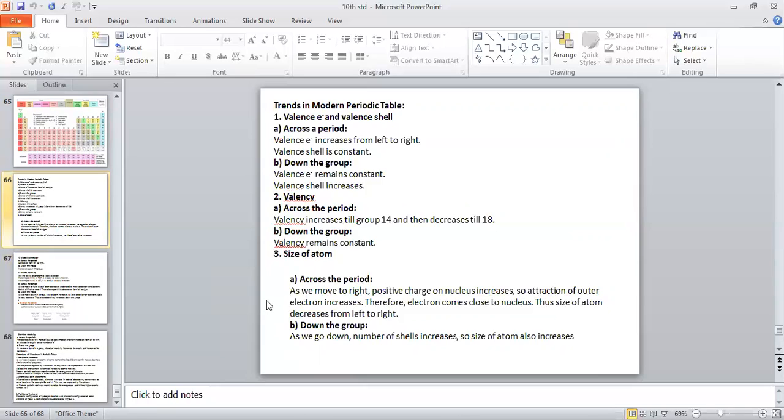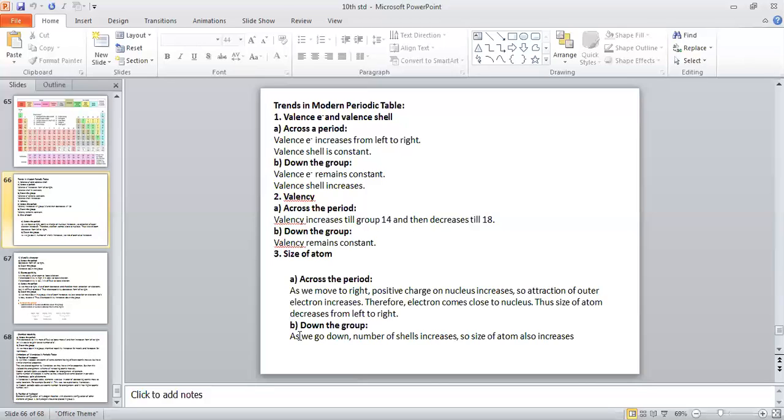As we move towards the right, that is left to right, the positive charge on the nucleus increases, the number of electrons also increases, and therefore there is an attraction between nucleus and electrons, and the size goes on decreasing from left to right.